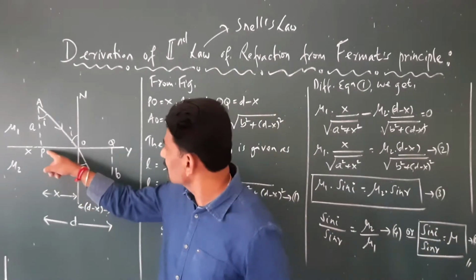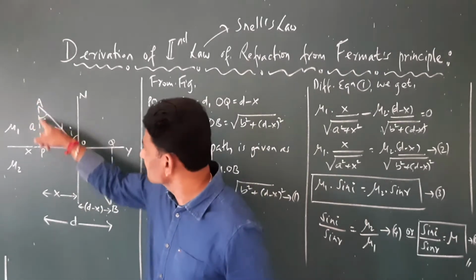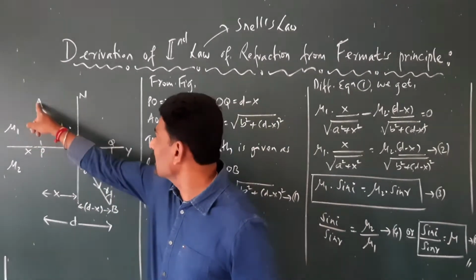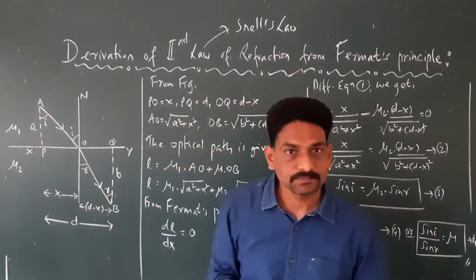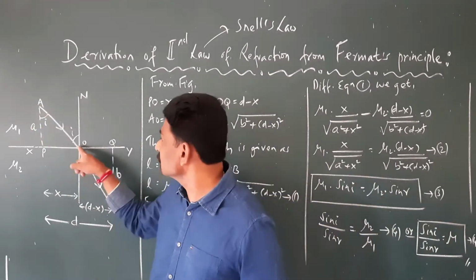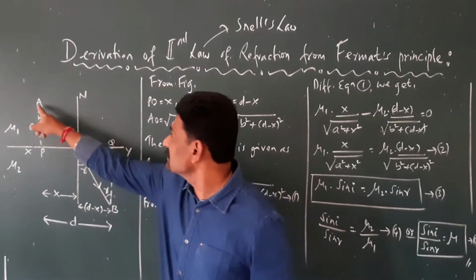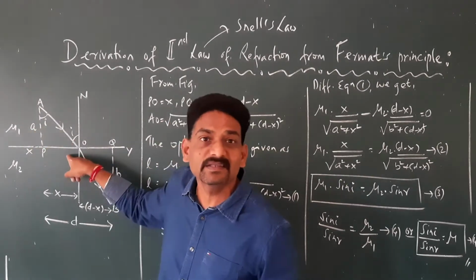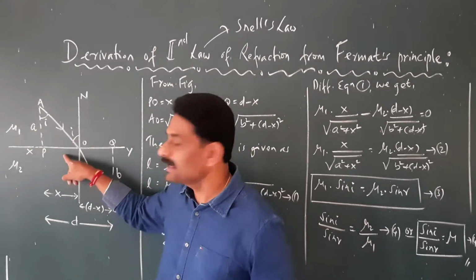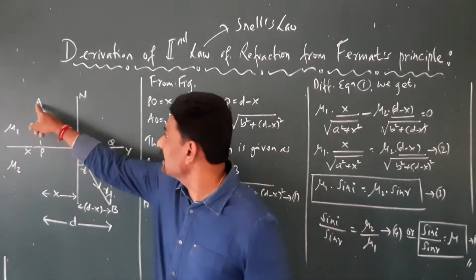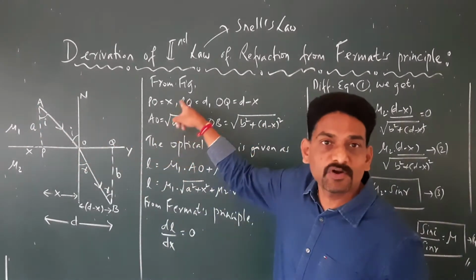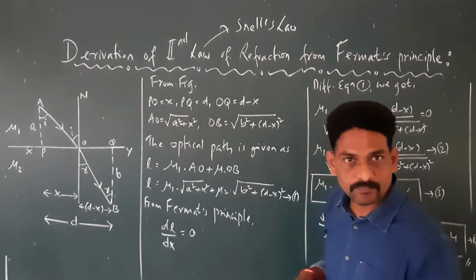How? This distance is x and this is a. The triangle APO is a right angle triangle, so AO is the hypotenuse, which is the square of this plus the square of this, a square plus x square. Therefore AO equals the square root of a square plus x square.